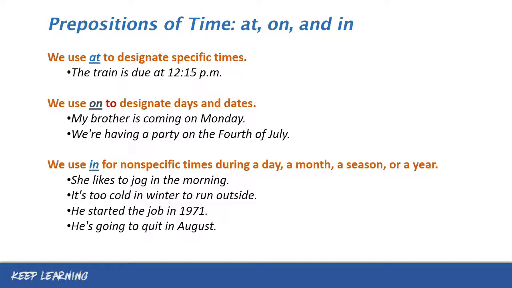It's a division of the year, a season. He started his job in 1971. It's a whole year. And he's going to quit in August, which is a month. So as you can see, big pieces of time are used with in.